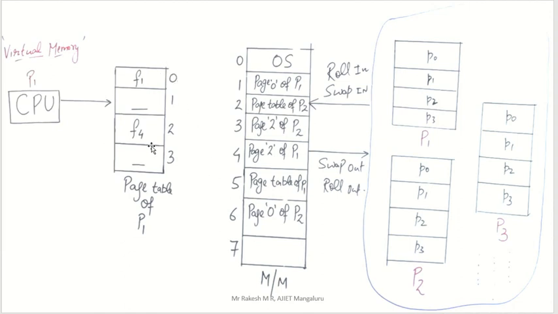When it checks, you can see page 1 of process 1 is blank. Nothing is there. Why is it blank? Because that particular page 1 is not stored in your main memory. It is there in your secondary memory itself.